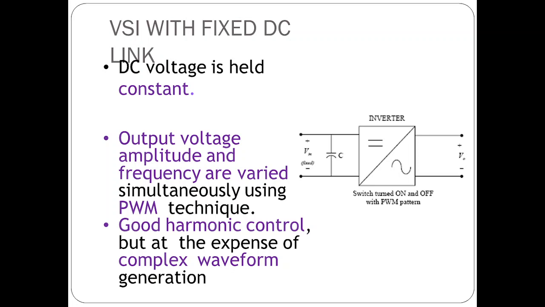It will have good sinusoidal properties, and another advantage is good harmonic control. In the VSI with fixed DC link, you will have good harmonic control, but at the expense of complex waveform generation.